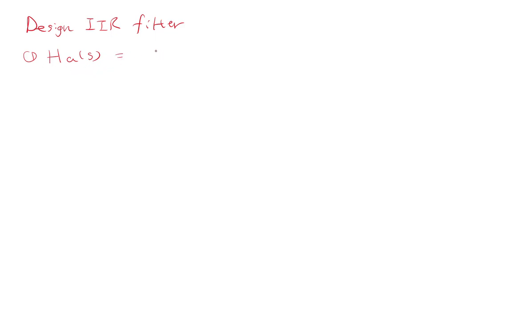So for different order, you have different template. For example, n equal to 1, you have this one, and for n equal to 2, you have s square plus root 2 s plus 1. So for n equal to 3, you have a different one, something like this.